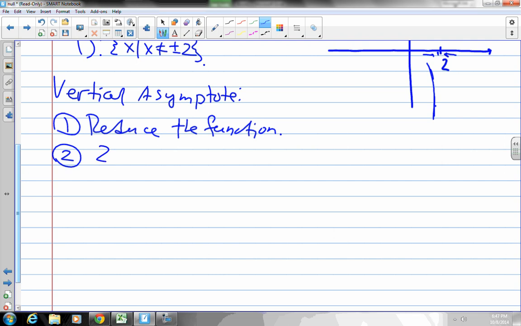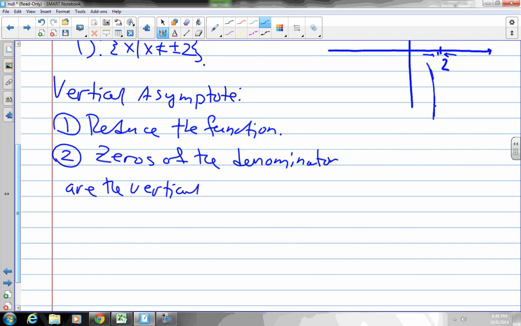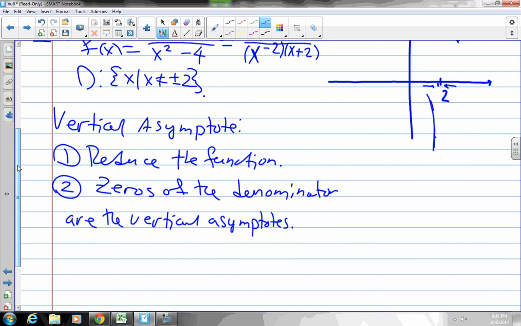just zeros of the denominator are the asymptotes. And we'll just abbreviate VA for vertical asymptotes.